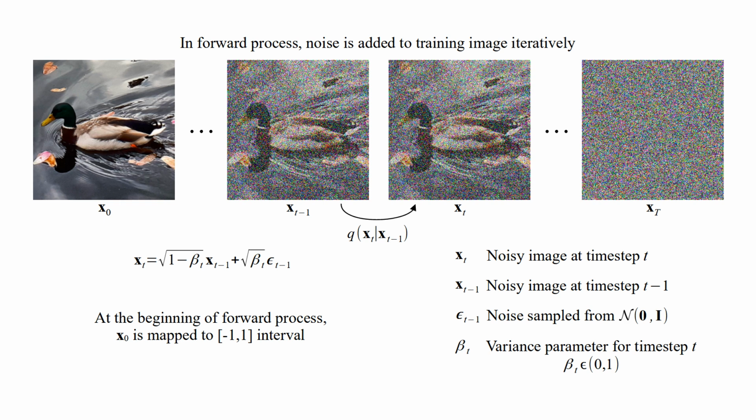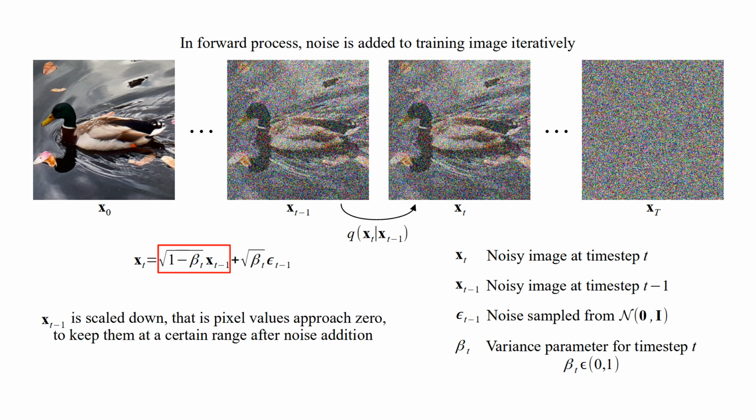At the beginning of forward process, x0 is mapped to -1, 1 interval. xt-1 is scaled down, that is pixel values approach 0 to keep them at a certain range after noise addition.